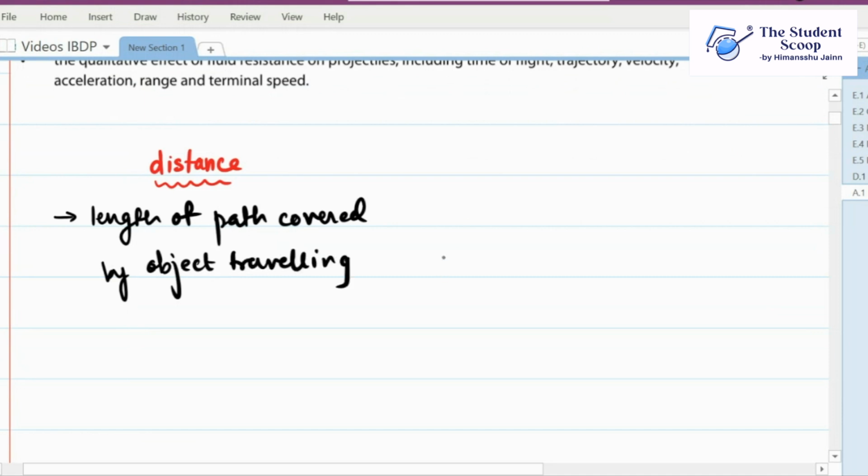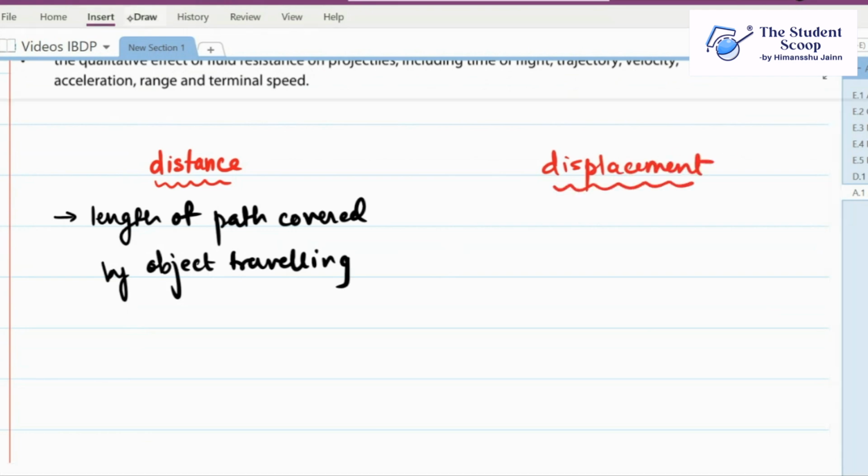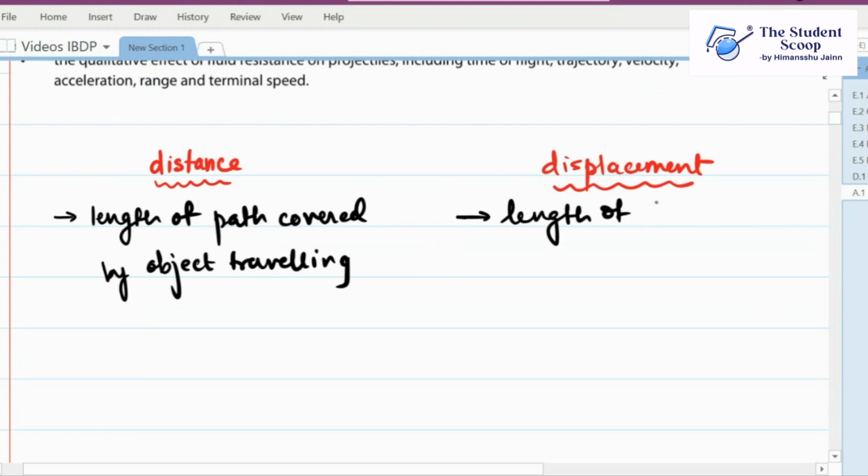Okay, and a displacement is defined as the length of the path, more specifically, the length of the shortest path between initial and final position.